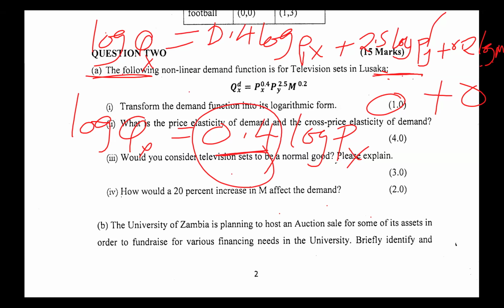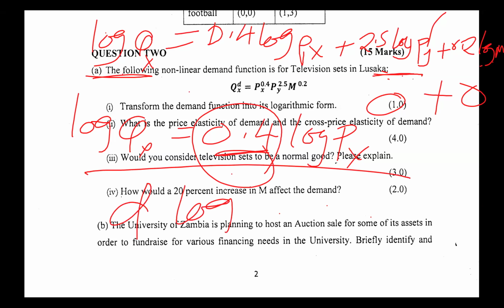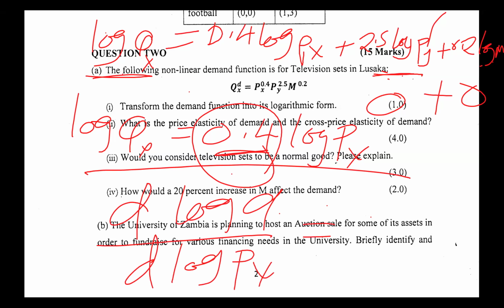You get the constant. So the derivative of the log of q over the log of px is equal to the coefficient of the function, which is 0.4.